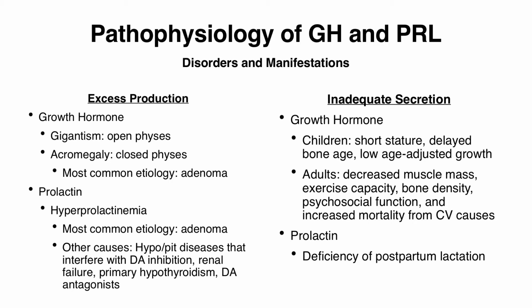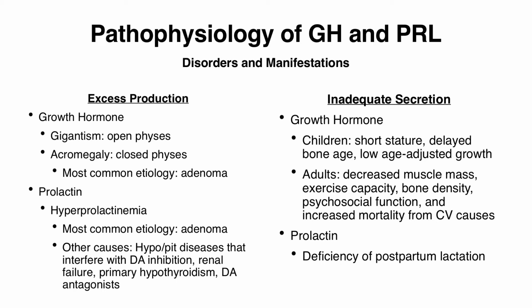When we think about disorders that involve abnormalities in growth hormone and prolactin secretion, they can manifest in a variety of different disorders, but generally we can just put them in categories of excessive or inadequate secretion, so hyper and hyposecretory states.